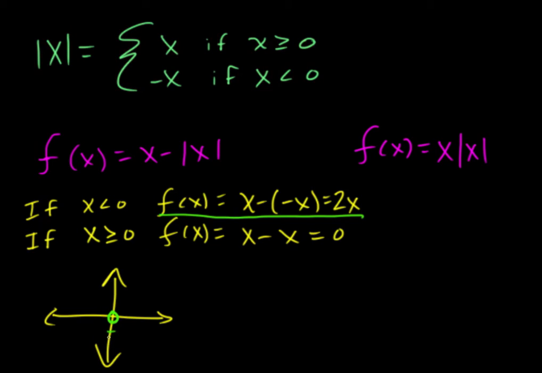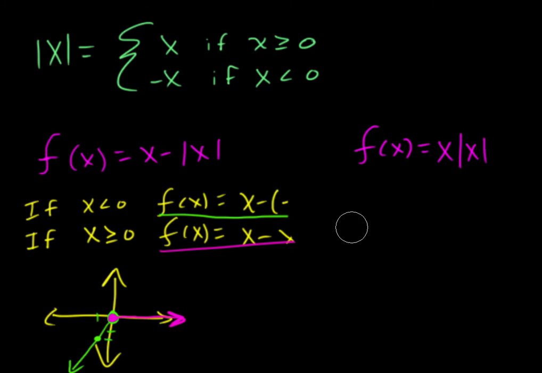We're going to go down to left 1, connect that, and then for this portion it's just 0, and so right at 0 we're 0, and it's just going to look like that. So that's going to be our function for that one.